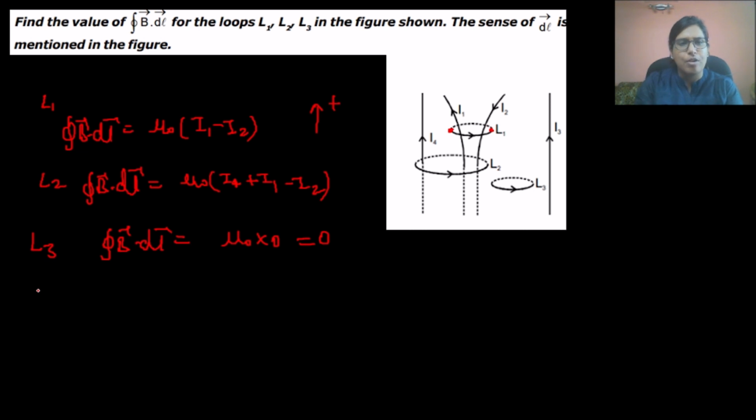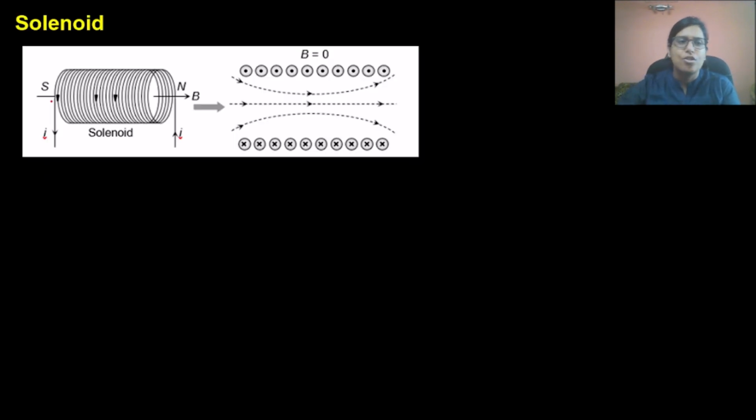Now we will study about the solenoid. A solenoid is actually a cylindrical coil, in which the turns are closely and tightly wound around its cylindrical shape, and these wires are insulated wire, and if current is flowing in this direction suppose, then it will come out of the solenoid like this.